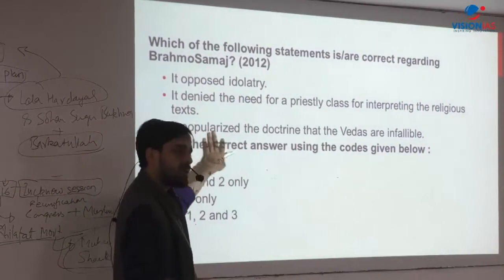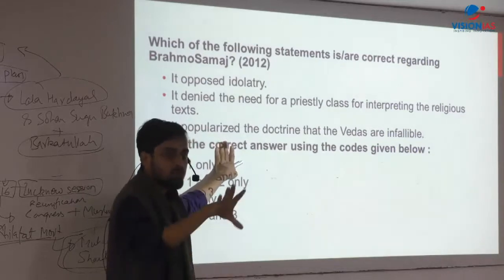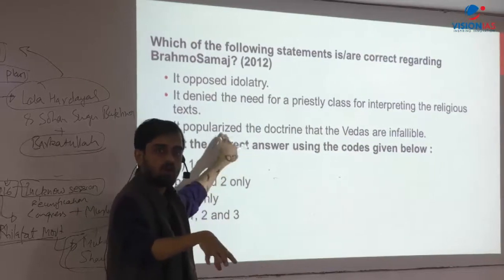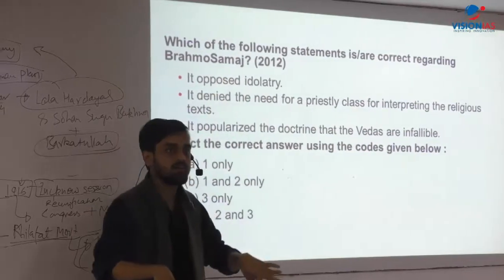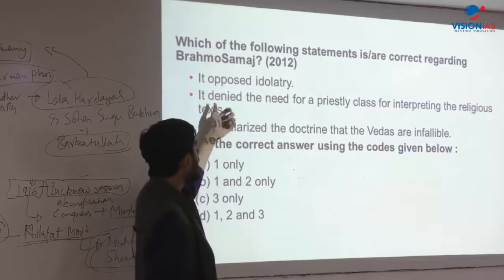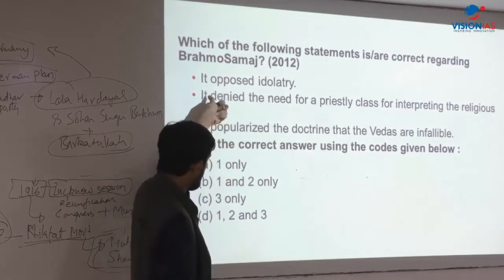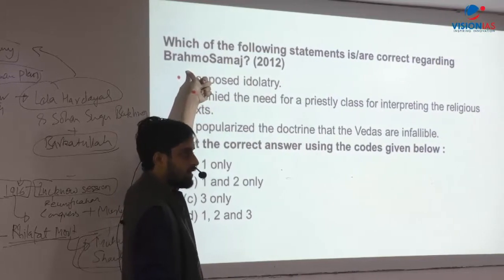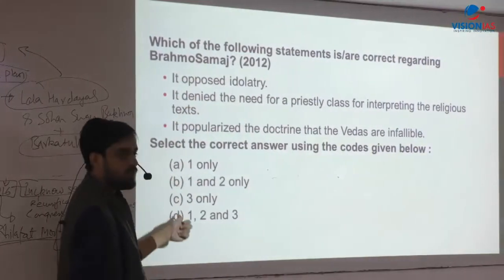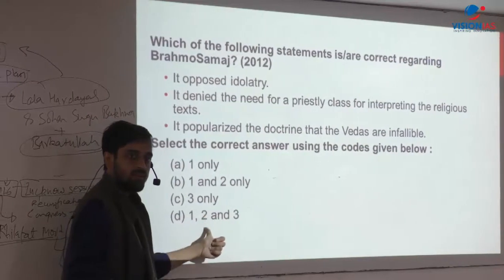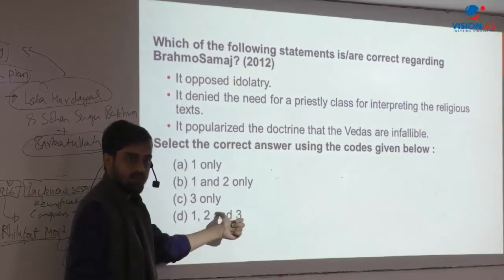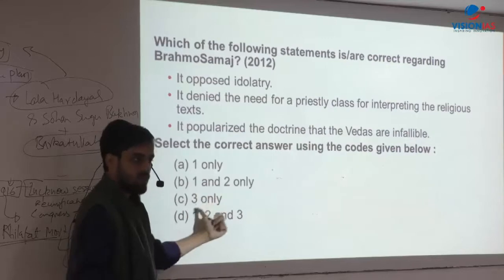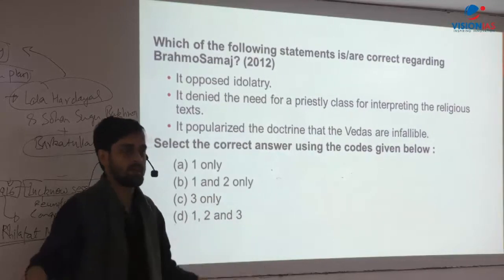Okay, yes, because this statement is correct. And this is associated with social reforms also, but not with Brahmo Samaj, but with Arya Samaj. So that is also there, and there is no way that 2 is correct and 1 is incorrect. If 1 is incorrect, then only option 3 is the answer. If 1 is incorrect, because 1 is there in all the options, so 1 cannot be incorrect.